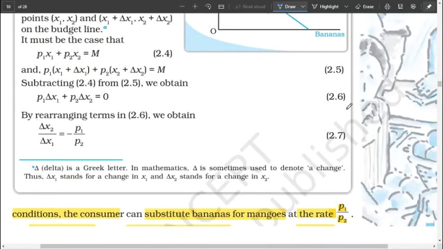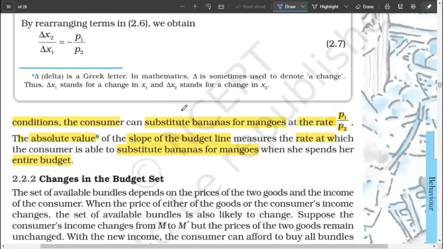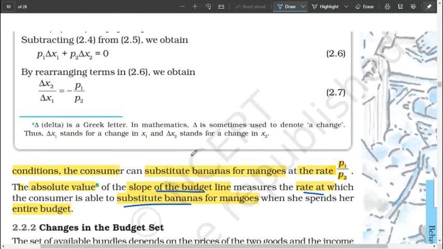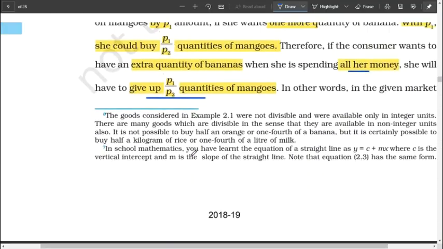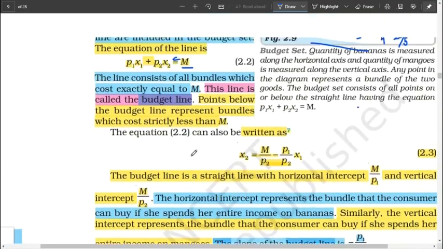Okay, since you don't have much income, you have only 20 rupees. So what you get is that the absolute value of the slope of the budget line measures the rate at which the consumer substitutes bananas for mangoes and spends the entire budget. You understand that the slope of the line indicates how much you have to substitute.